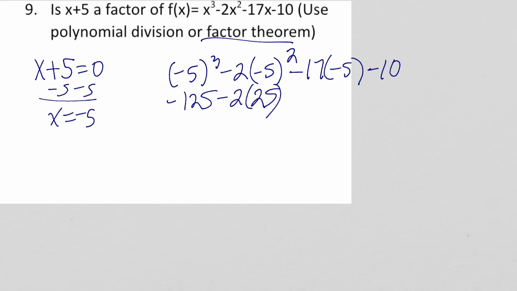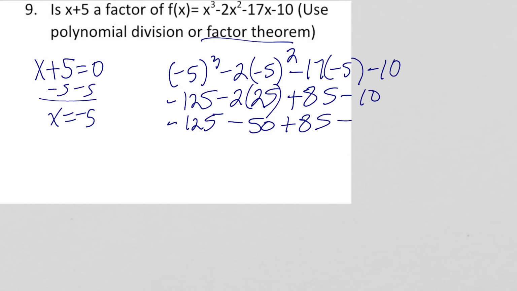Let's see, 17 times 5 is 85, positive 85. Okay, let's work this out. Subtracting 50 plus 85 minus 10. So when I put this in the calculator, let's see what happens. I get a remainder of -100. So that means it's not a factor.